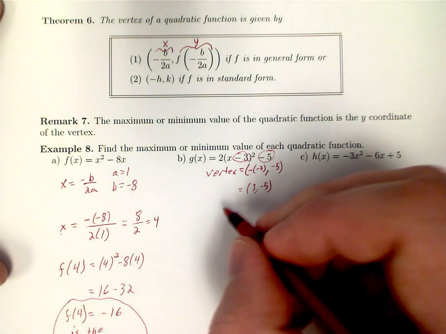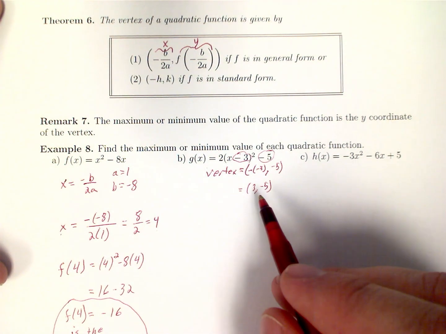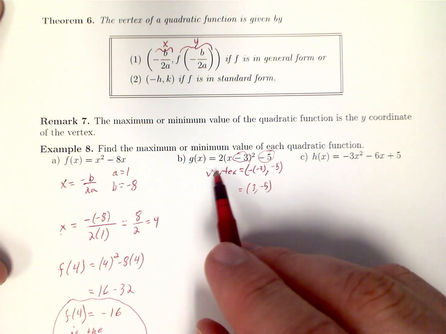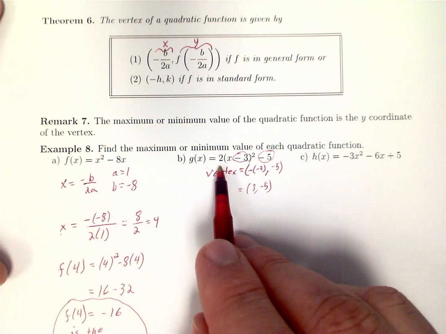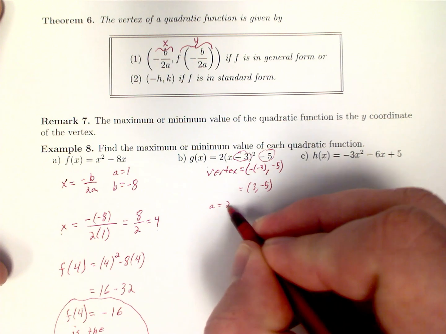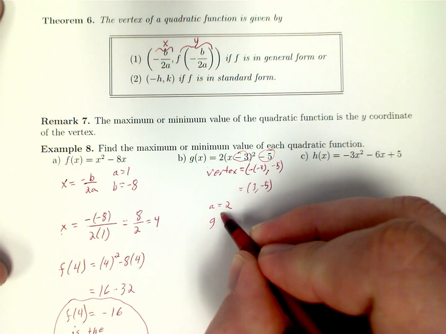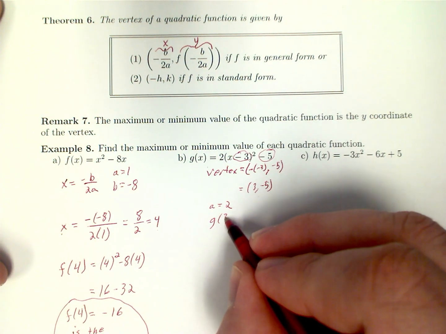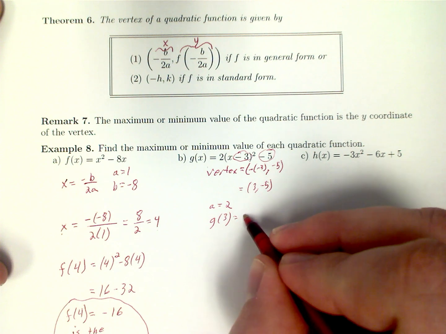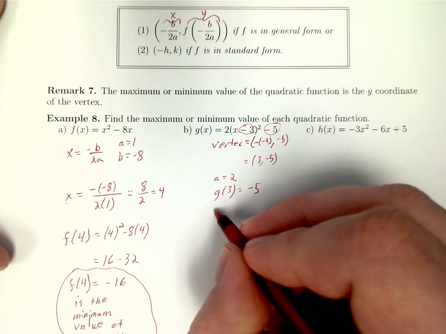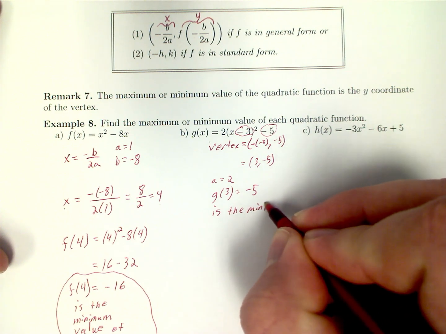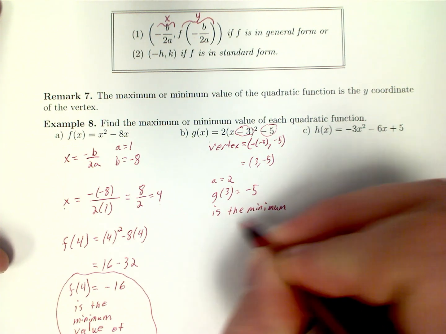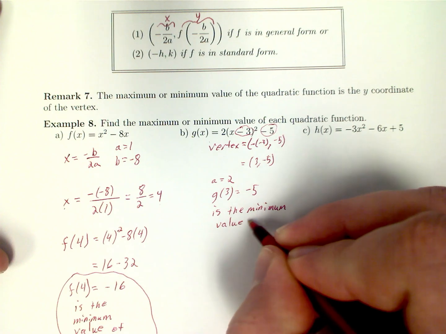All right, and so we only have to determine if it's a minimum or maximum. Since a is positive, a is 2, then g of 3, so you input 3 and you get out negative 5, is the minimum value of the function.